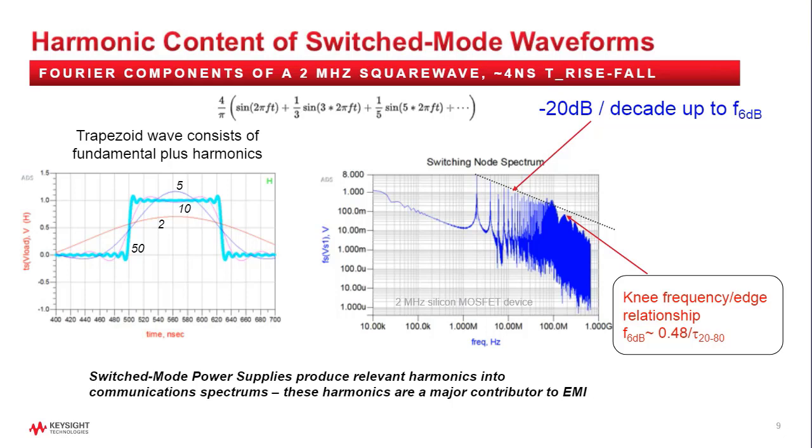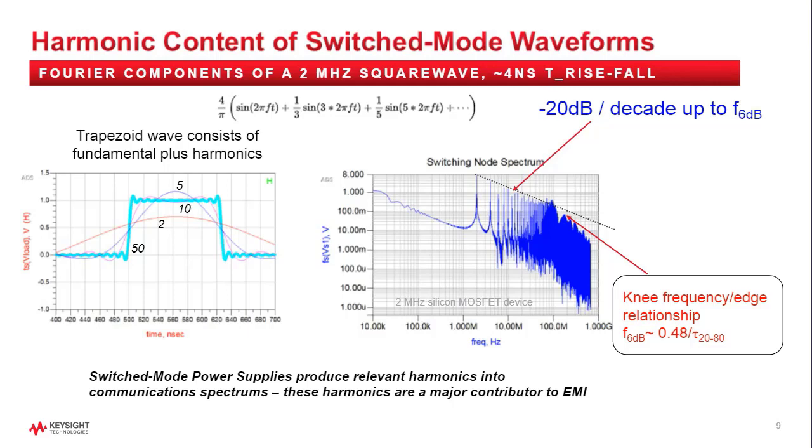And if we were able to zoom in on that plot, you'd see that there is an additional roll-off, and that frequency point is referred to as the 6 dB cutoff, the knee frequency, and this is associated with the switching edge, the rise and fall time.